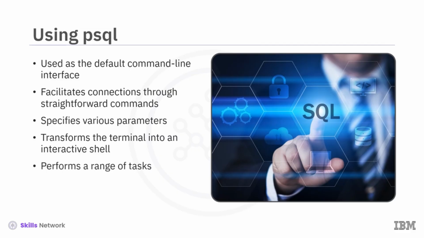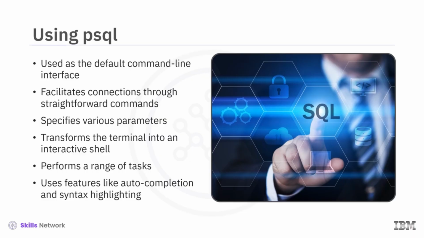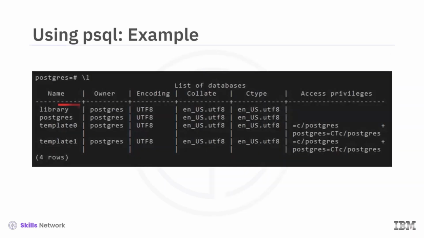The tool enhances usability with features like auto-completion and syntax highlighting. The screenshot here shows the library, Postgres user database, and the internal Template 0 and Template 1 databases, which Postgres uses as templates when you create a new database.